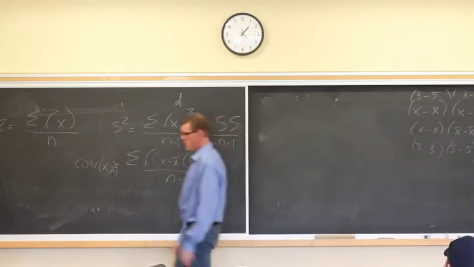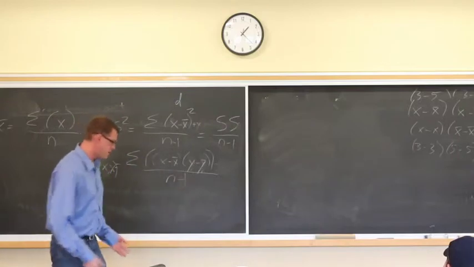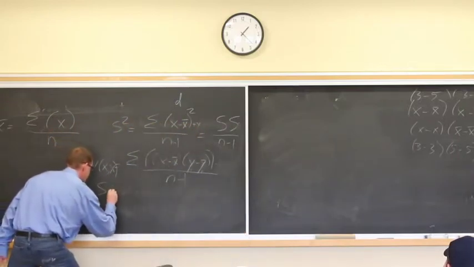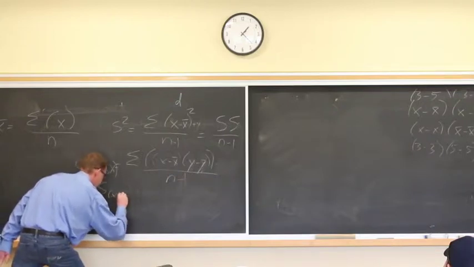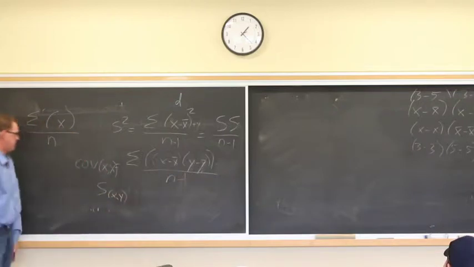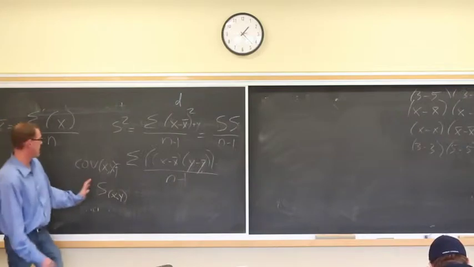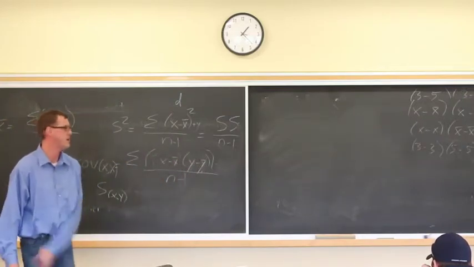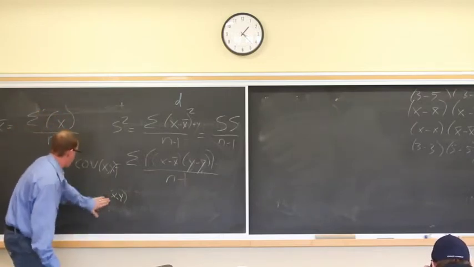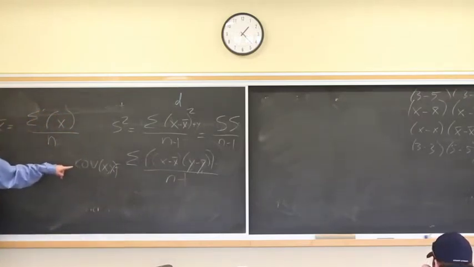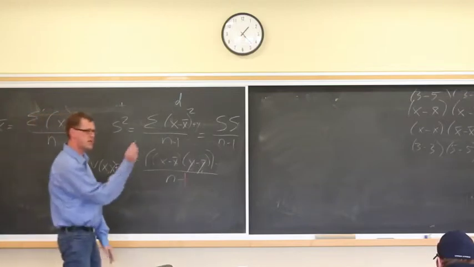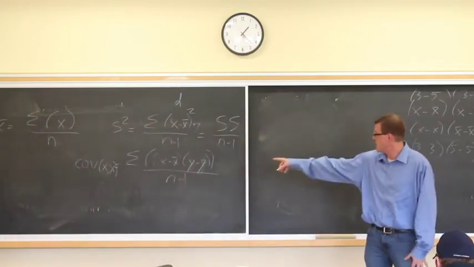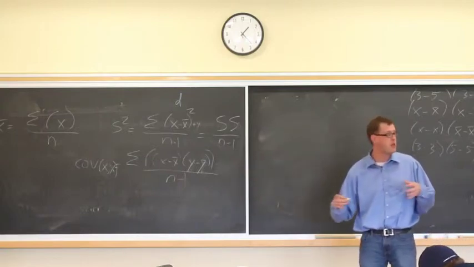The covariance is also sometimes symbolized S, X, Y, because it's basically like the standard deviation for X times the standard deviation for Y. But I will most likely be using this type of notation to keep it obvious. Otherwise, you see the S really confusing. Okay, so this tells us how much the two things go together.